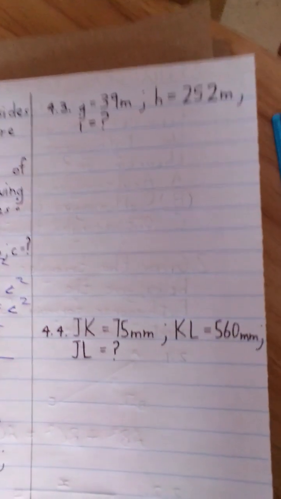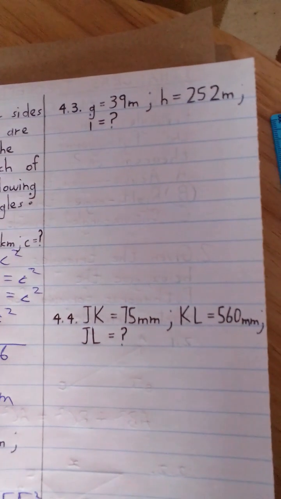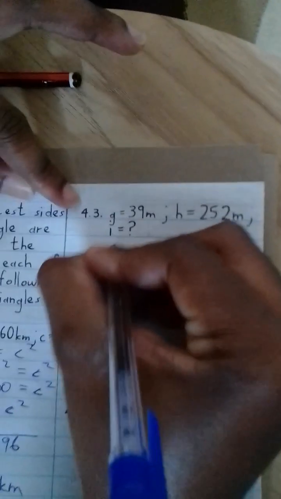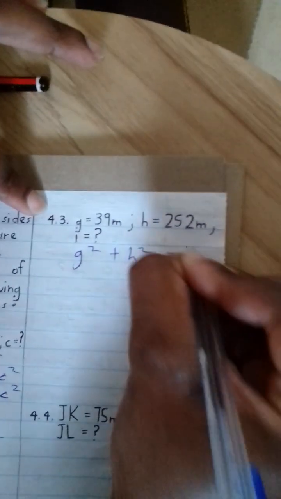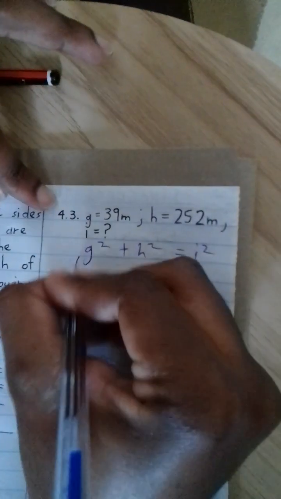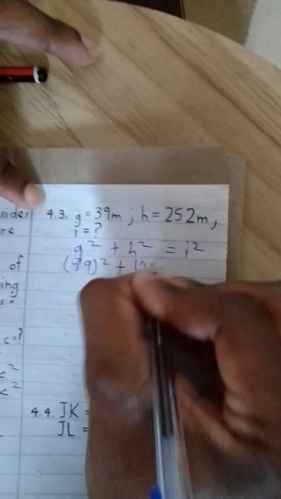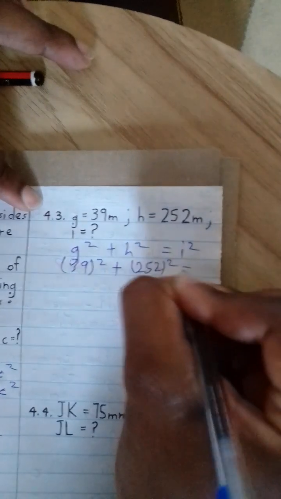4.3 we have G is 39 meters, H is 252 meters. We don't have I. So as usual, you write down your Pythagoras formula. It's going to be G squared plus H squared is equal to I squared. What's G? 39 squared plus, what's H? 252 squared.